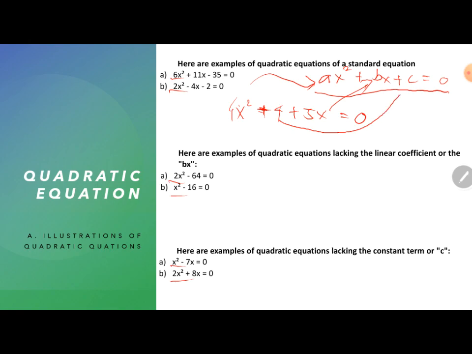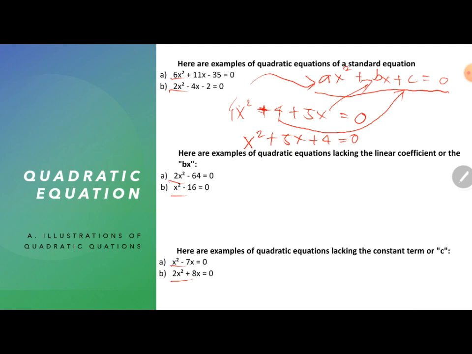We call it the constant because it doesn't have a variable beside it. 4 doesn't contain a variable, right? So we're going to rewrite that into this kind of equation: x squared plus 5x plus 4 equals 0. And that would be our standard equation.